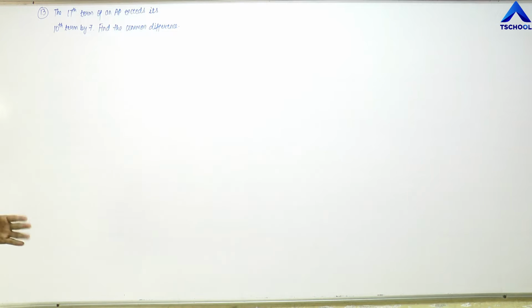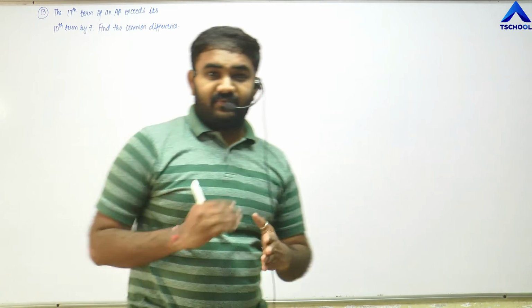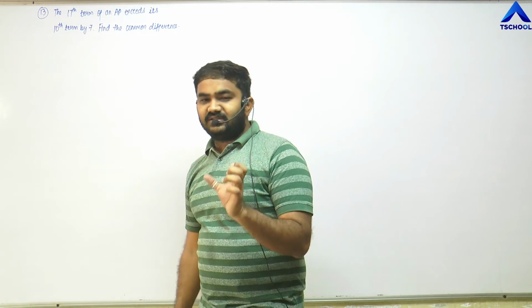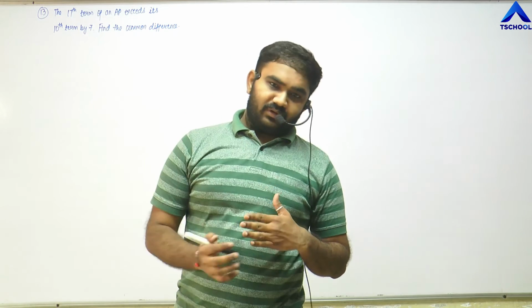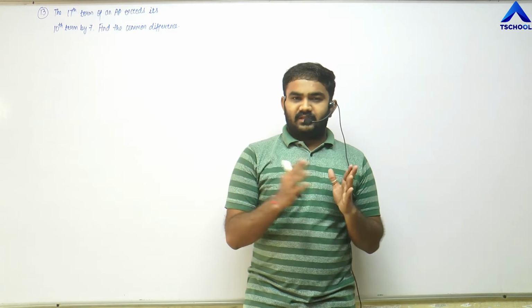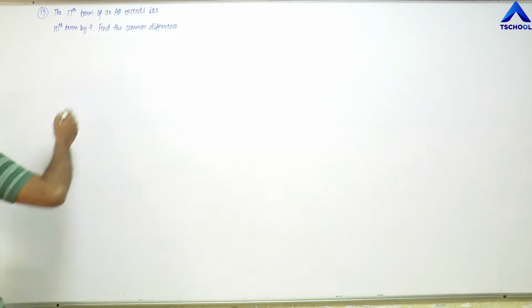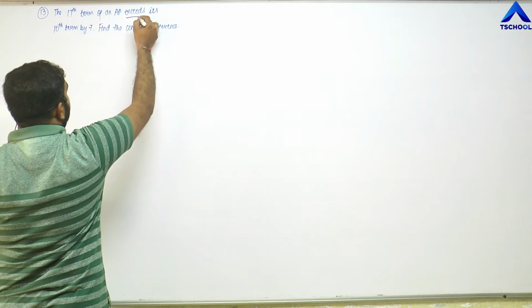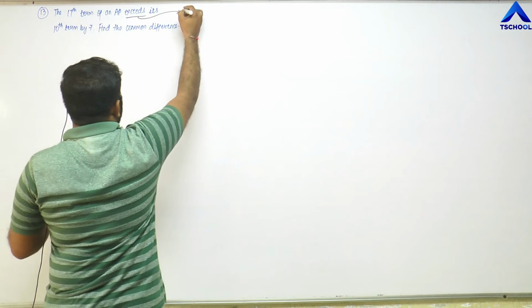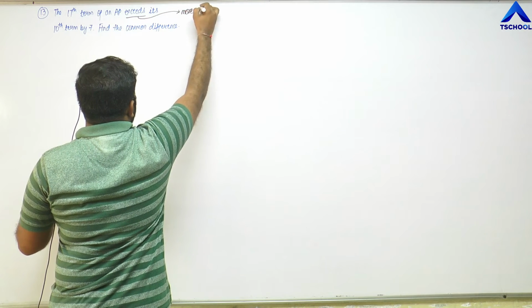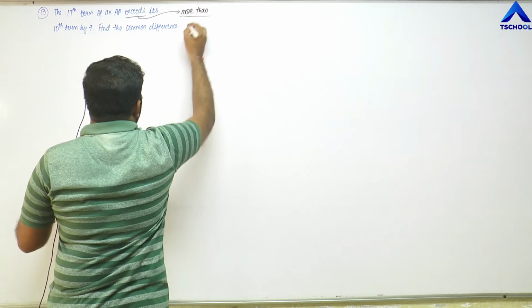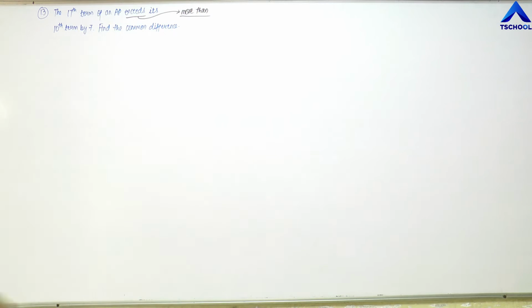So friends, you clearly need to understand which term exceeds. Exceeds simply means it is more than the other one, right? So exceeds simply means more than. Now which term exceeds? The 17th term.